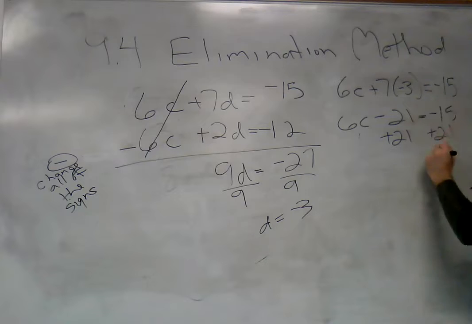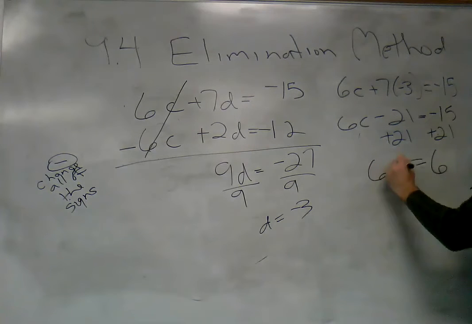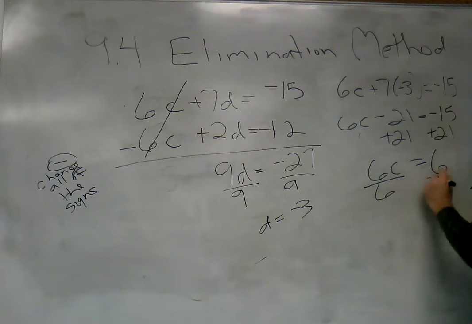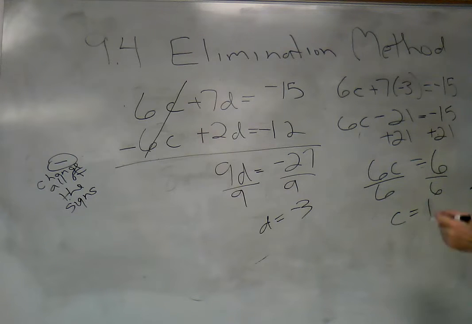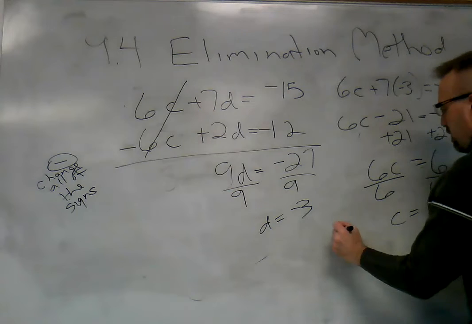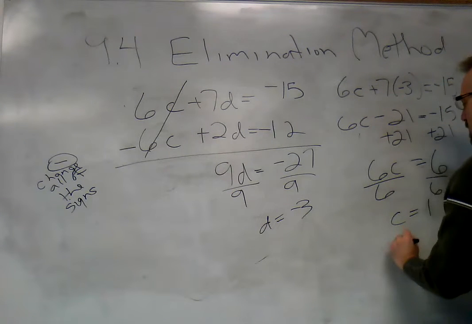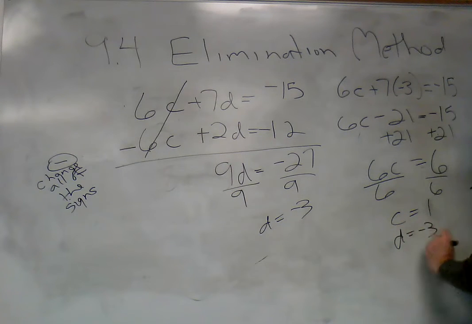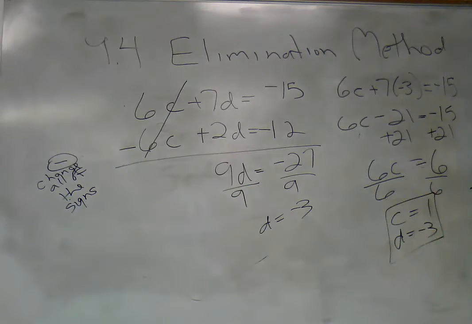Positive 21, negative 15 is positive 6. 6c equals 6. Divided by 6, c equals 1. Okay, so this one, it's not xy, but you could, if you want, write it as a point, but since they're not xy, go ahead and just put both of them together, circle around it, or square around it, either way.